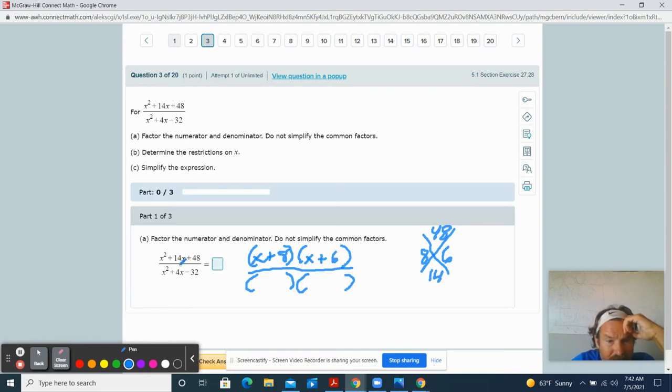On the bottom, the denominator, it's negative 32 on the top and 4 on the bottom.